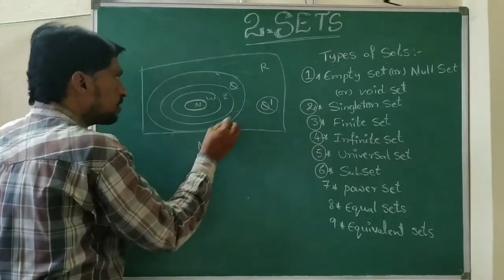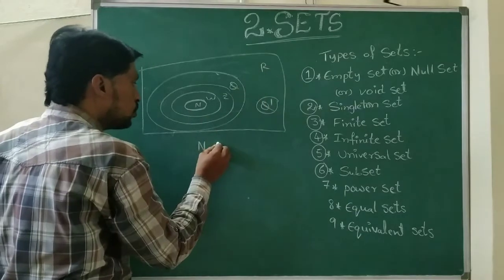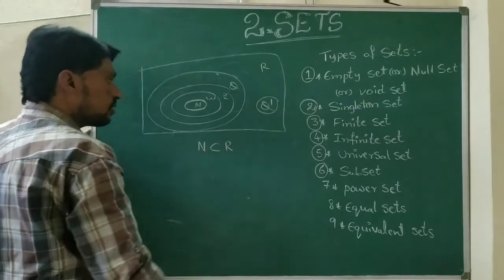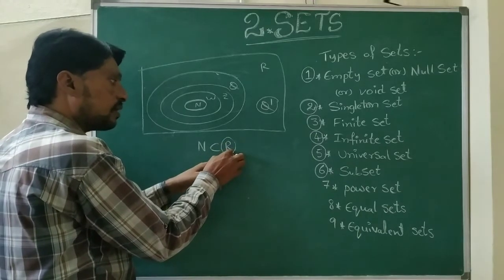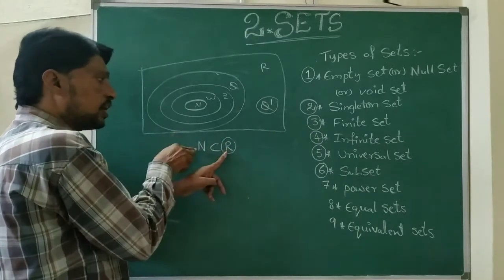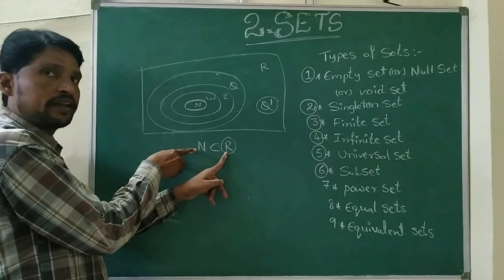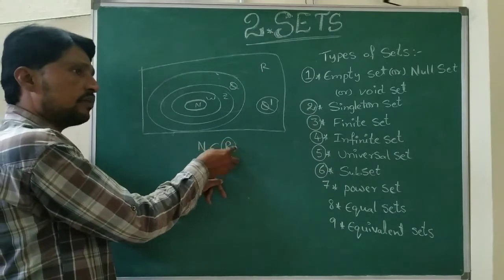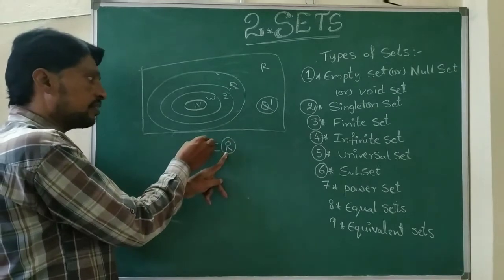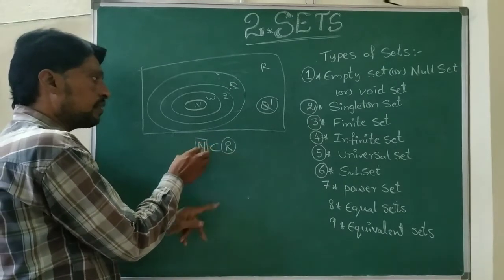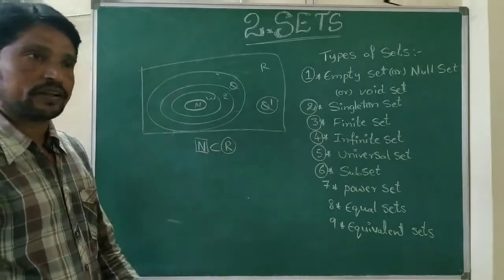The natural number set is a subset of capital R. Some elements of R are contained in N also, which means N is a subset of R.